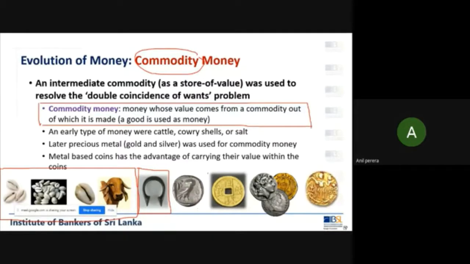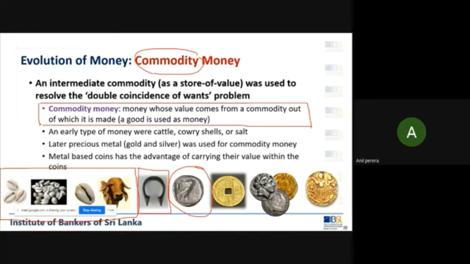This coin is very important. This is considered the world's first coin issued in human history. This one is also a kind of money, but it's not a proper coin, right? The first proper coin was issued.